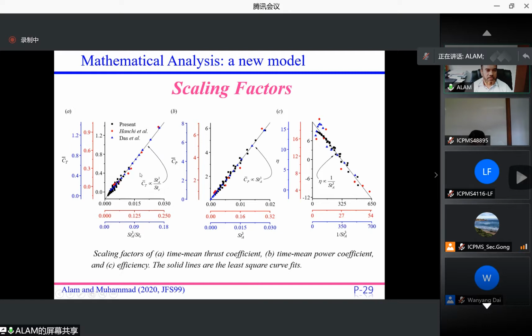This relation obtained from the theoretical analysis, and similarly also the power, it follows a good agreement, and efficiency we also found the similar agreement, inversely proportional to the STA. So our assumption and the formulation is very good, and also that gives the understanding of the production of thrust and also the power.